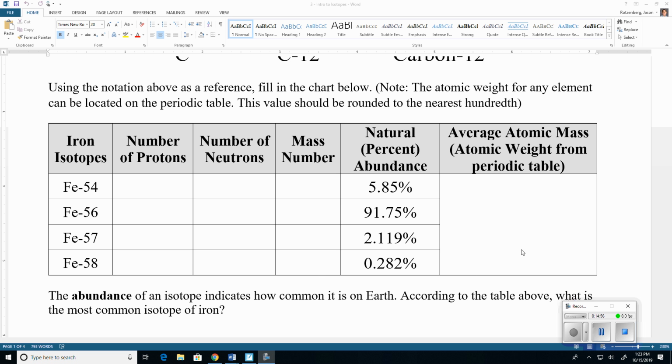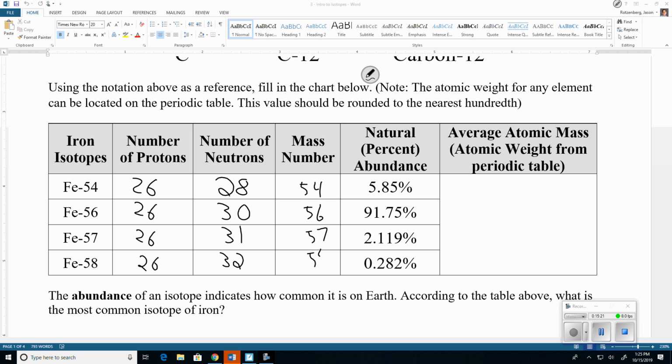This large column on the far right-hand side we'll kind of address in a minute. So again, take a minute to fill in protons, neutrons, and mass for these 4 isotopes, which means it's the same element, but it has a different mass because it has a different number of neutrons. So again, we could fill in that 54 if we wanted to, 56, 57, and 58.